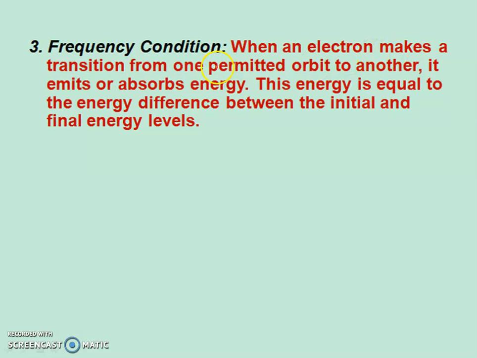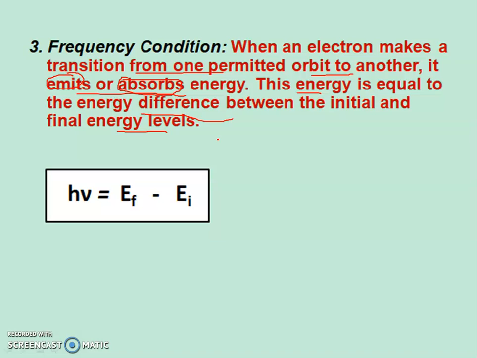When an electron makes a transition from one permitted orbit to another, it emits or absorbs energy. If it emits energy, it will jump down, and if it absorbs energy, it will jump to the higher state. This energy is equal to the energy difference between the initial and final energy levels, right?